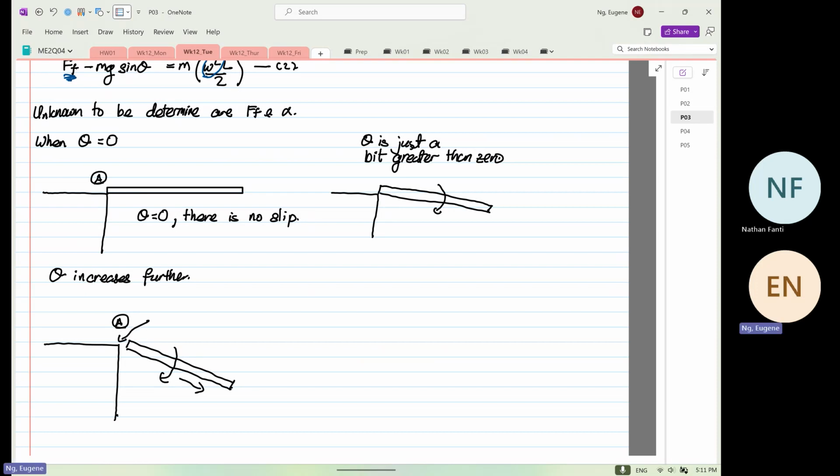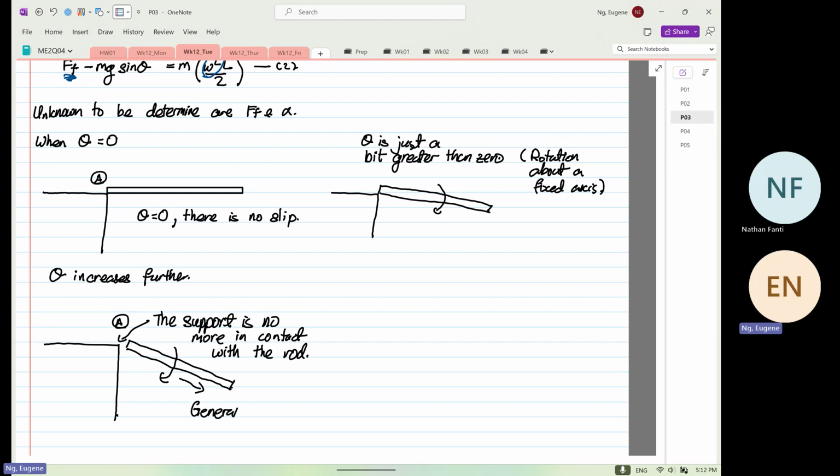And at this point, the support is no more in contact with the rod. So what I'm trying to highlight here: down here, you still have rotation about a fixed axis, so that is where we can use the N and T coordinates. Down here, no more. Down here is what we classify as a general motion.